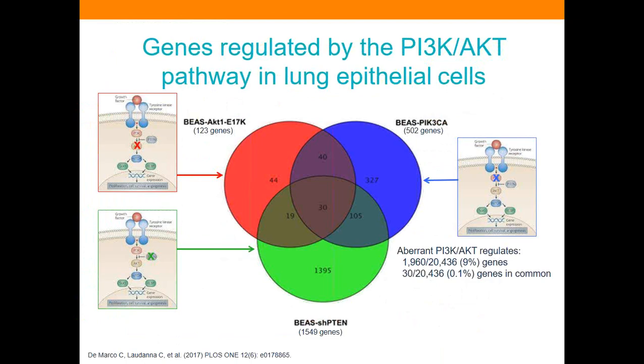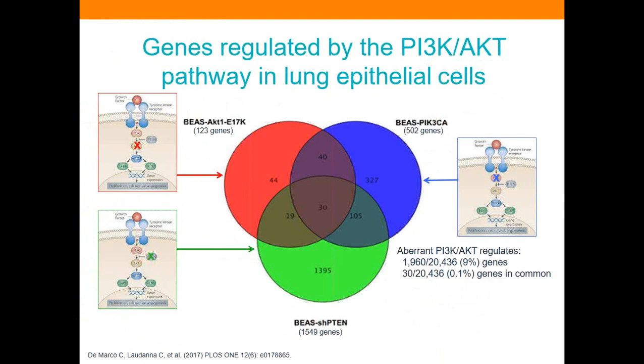Now, these human cells have a total of 20,436 genes. So of those 20,000, you are affecting 502 of those genes. If you look at what happens with the mutated AKT, as pictured in the red, you're affecting 123 genes.